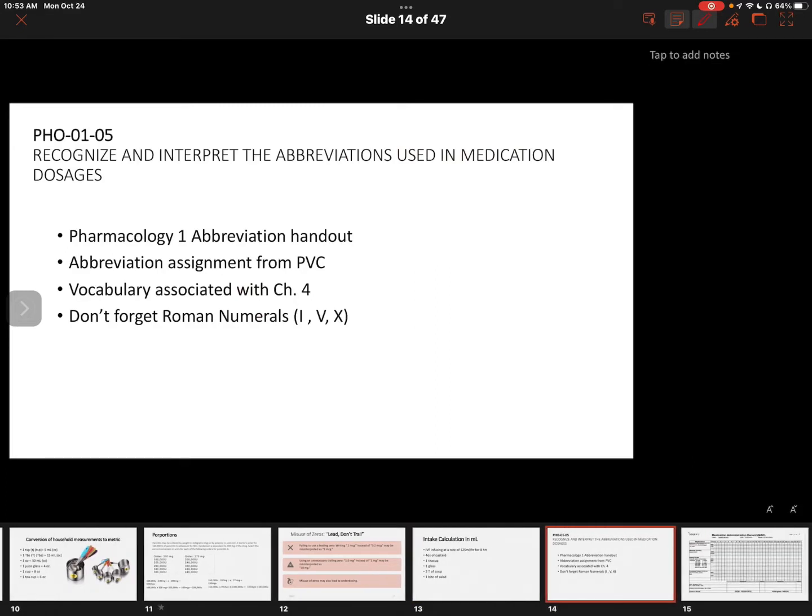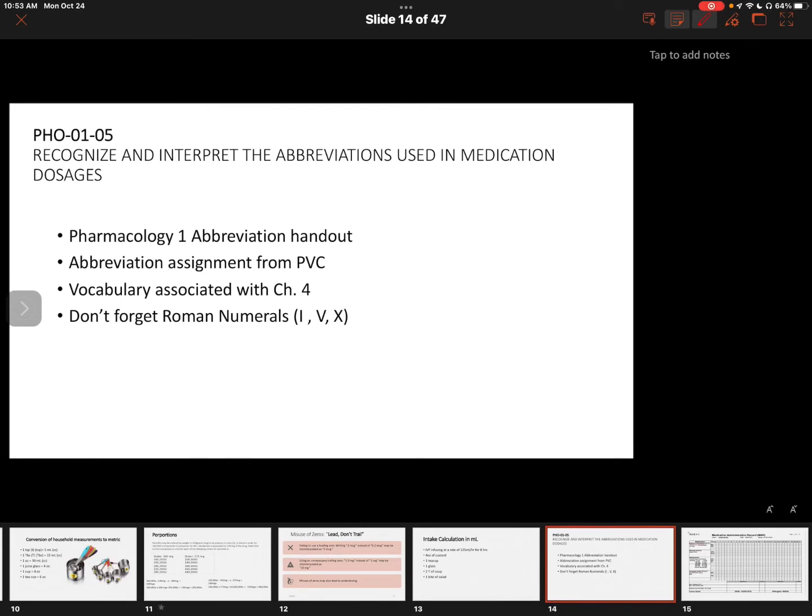I wanted to make sure that you recognize that there is a Pharmacology 1 abbreviation handout that was provided. And there is also an abbreviation assignment that came from PVC that is reduplicated and handed out to you.